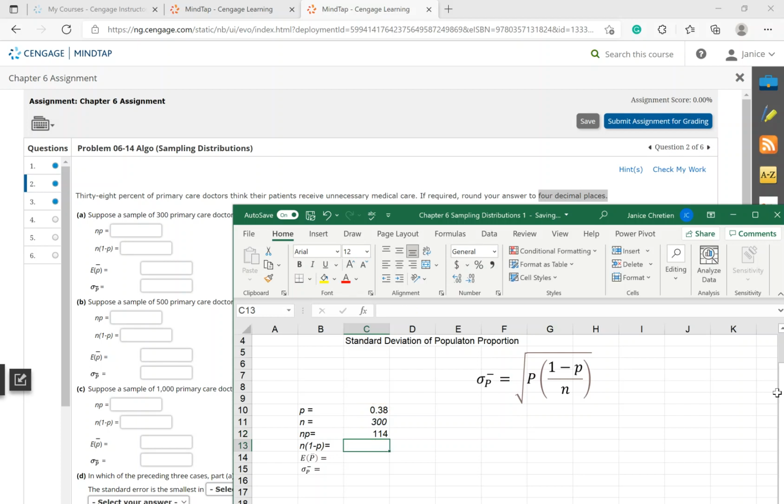And so my N times 1 minus P is going to equal my N times 1 minus P. It's going to be 186. And my estimated P was already given to us.